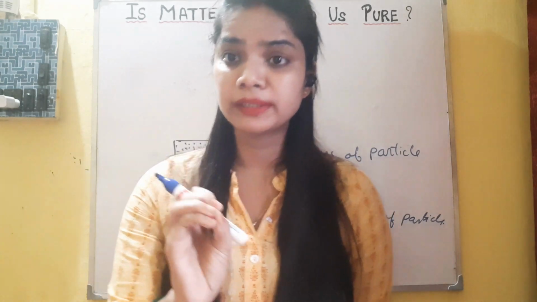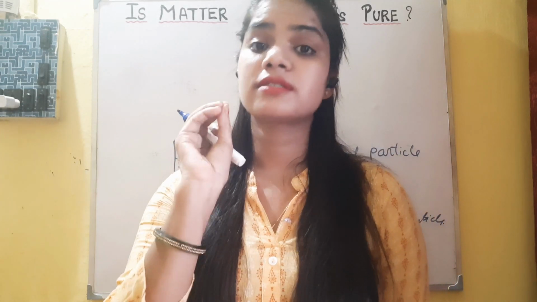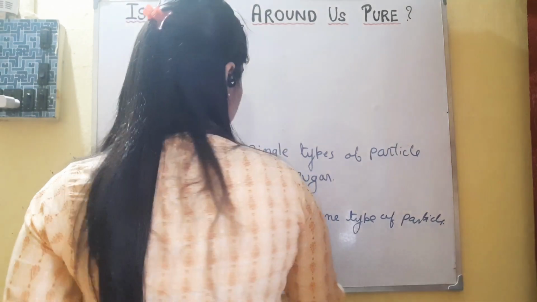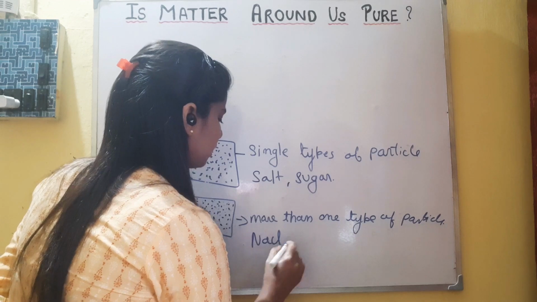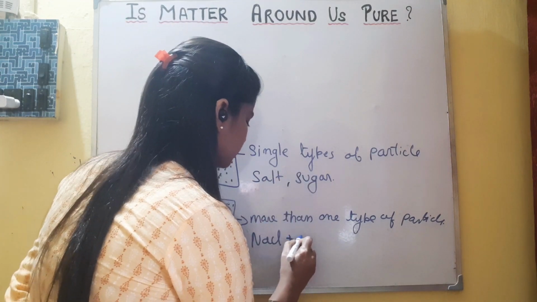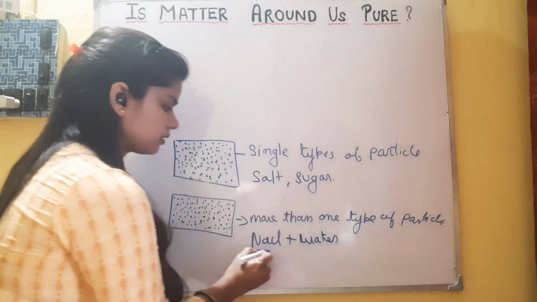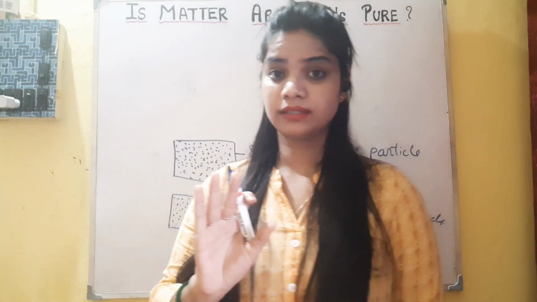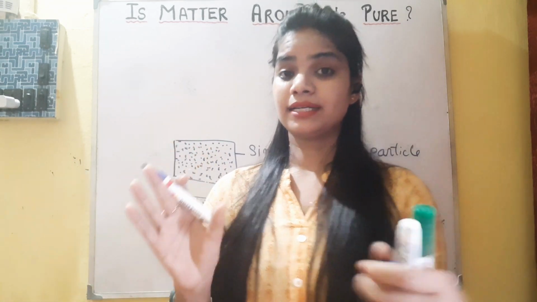The particles of sugar and salt have the same chemical properties, that's why they are pure. But if this salt, like NaCl, is dissolved in water, mixed with water, then after mixing it wouldn't be pure.